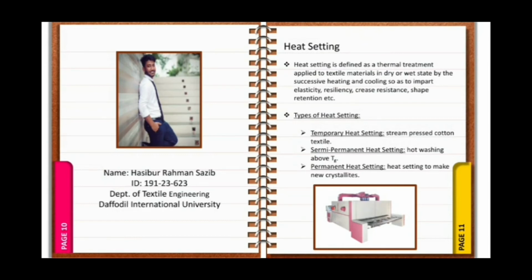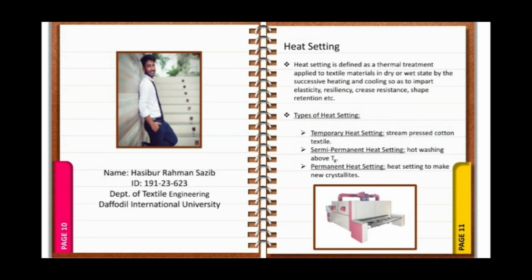Types of heat setting. Temporary heat setting. This is generally destroyed by regular use of the material, such as steam-pressed cotton textile. Semi-permanent heat setting.